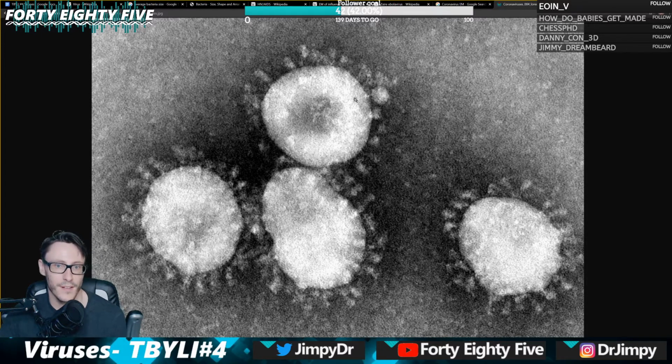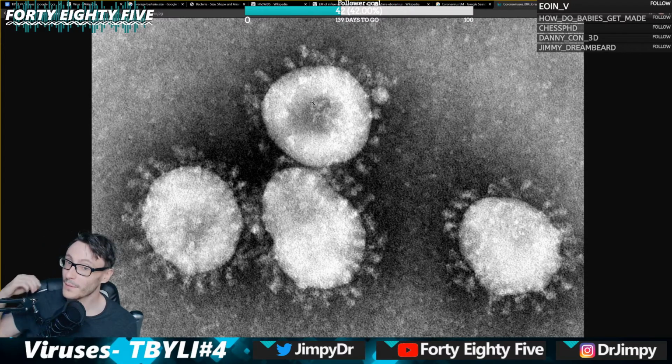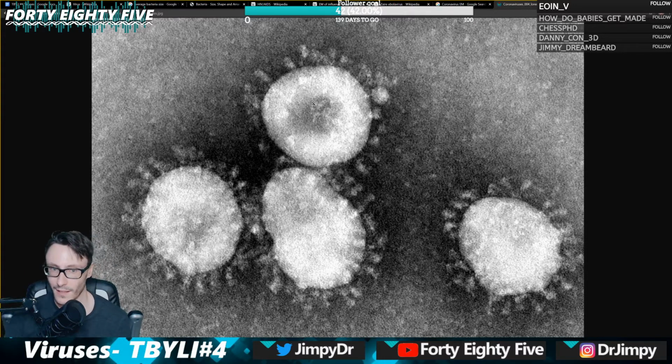But you can see that this virus has got a membrane or a capsule around it, and it's got these little protrusions coming out, which are surface proteins. The reason it's so grainy and in black and white is that this is what an electron micrograph image looks like.